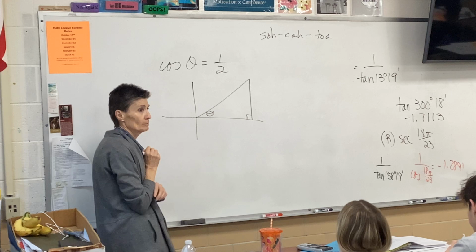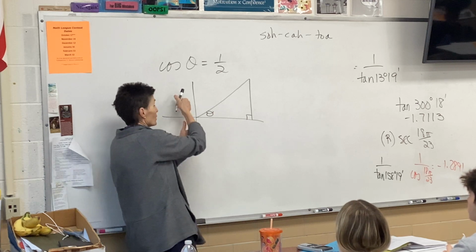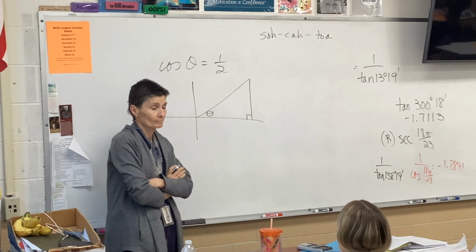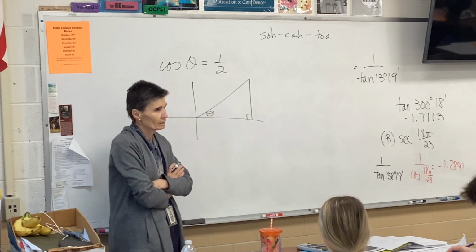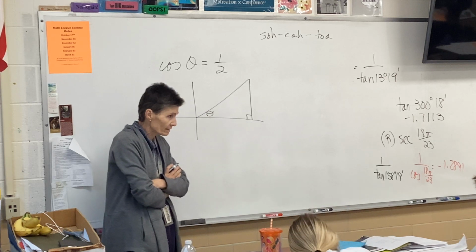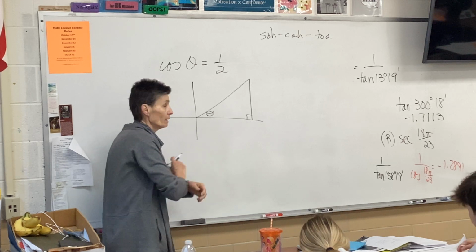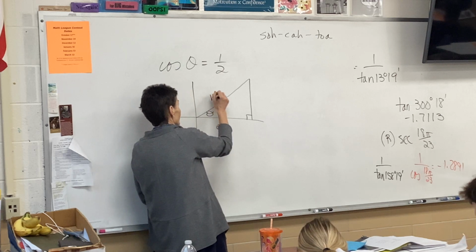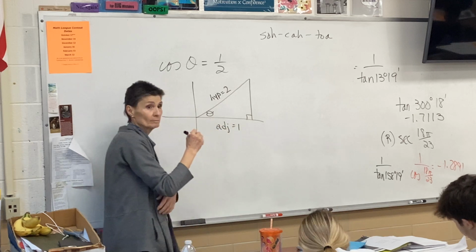There's my picture. But I know that its cosine is 1/2. What does that mean in terms of the triangle? If the cosine is 1/2, well, it means the adjacent side is 1 and the hypotenuse is 2.